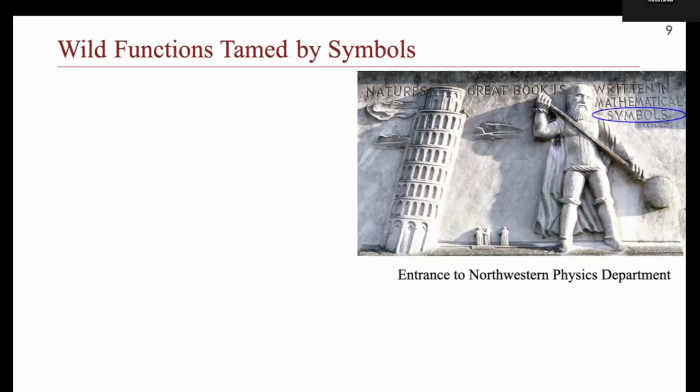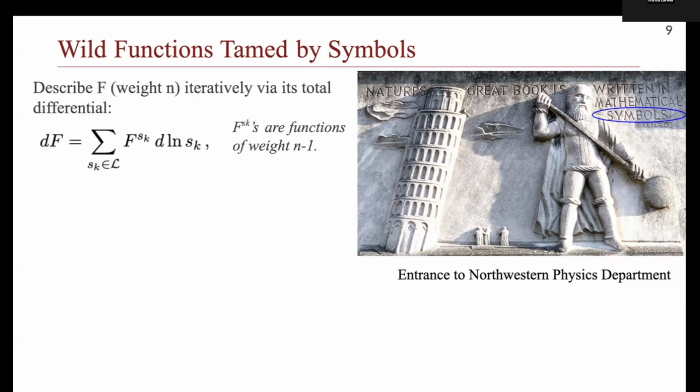Very fortunately, we have our friends in the math department who have spent years studying those wild functions, and one of the great tools they came up with is called the symbol. Remember the definition of the general polylogs: the function involves a lot of integrations. So when we want to study those functions, what we do is take derivatives.